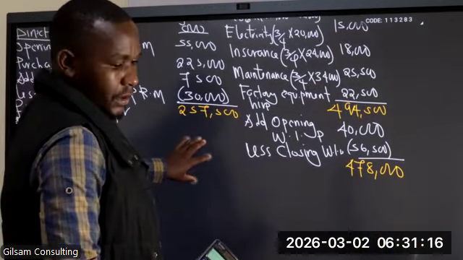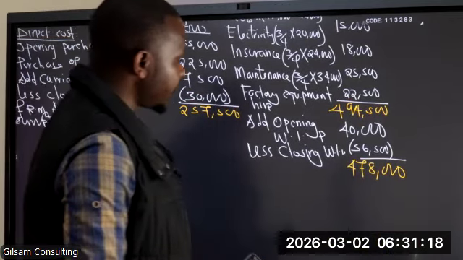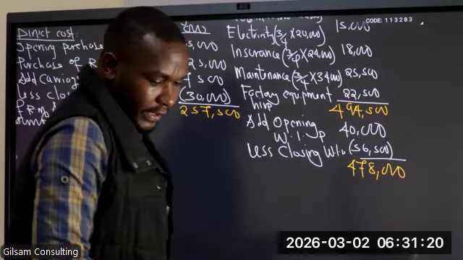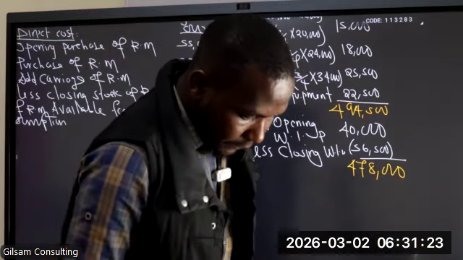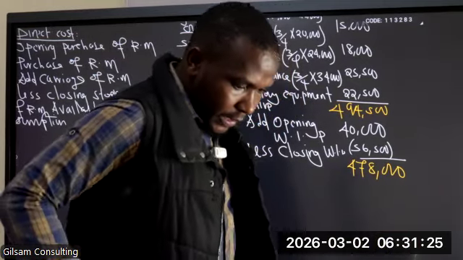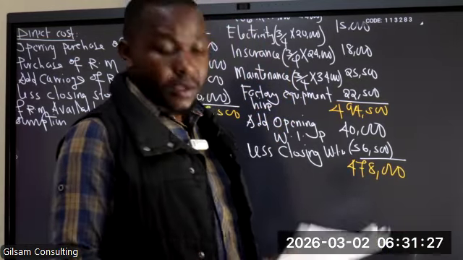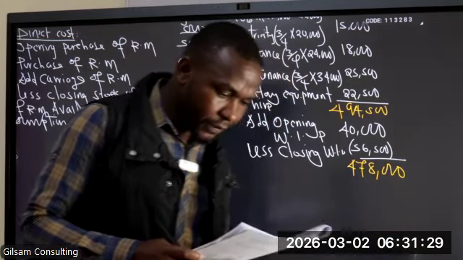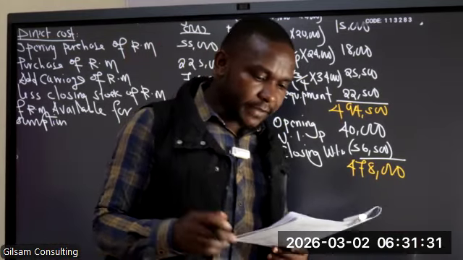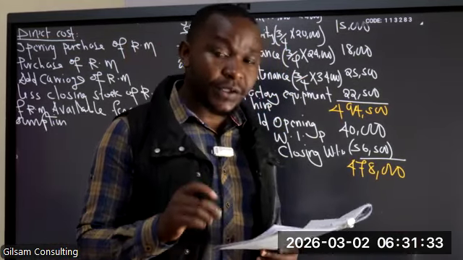So with 478,000 we add the manufacturing profit. What's number 5? Goods are transferred to the warehouse at a cost plus of 20%.